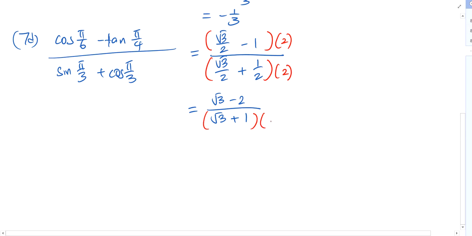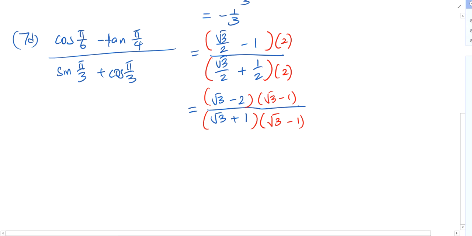I assume you are referring to the bottom, root 3 minus 1. Are they equal now? No, right? Because you multiply the denominator by something, they are no longer equal unless you multiply the numerator by the same factor, root 3 minus 1.